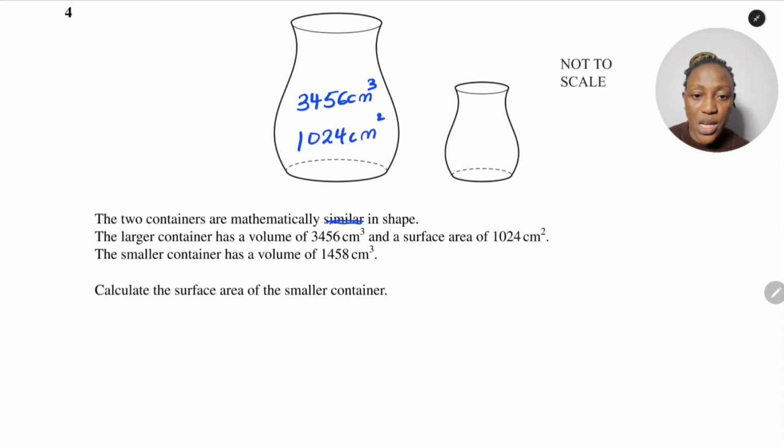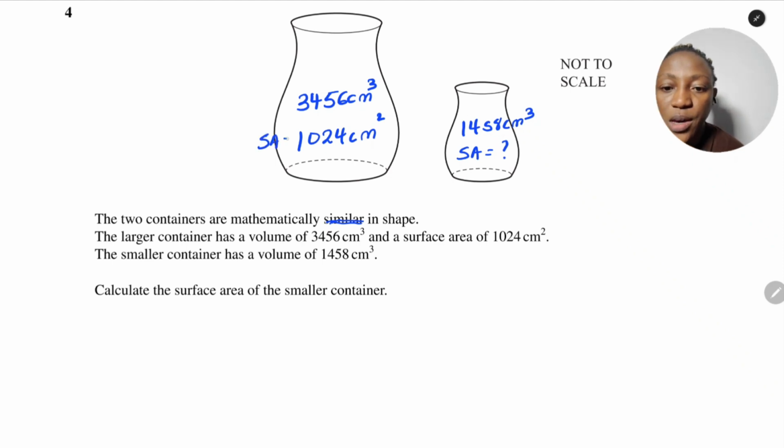Whereas the smaller container has a volume of 1,458 cm cube, and we're looking for its own surface area. This is the surface area here. This is the volume.